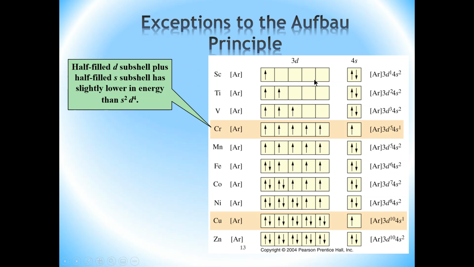So what you are looking at here is basically an abbreviated version of the orbital diagram of scandium, right? So the Ar here basically represents the electron configuration of argon, and then you have the 3d sublevel, and then you have the 4s sublevel.